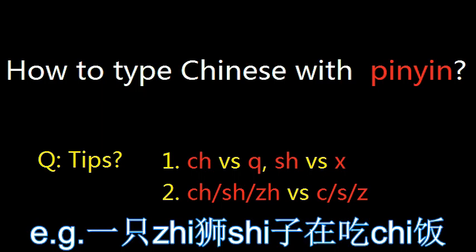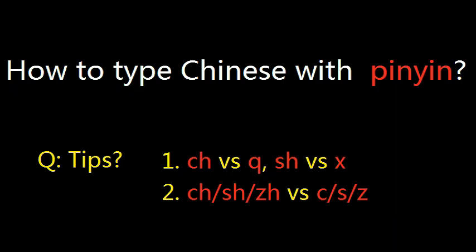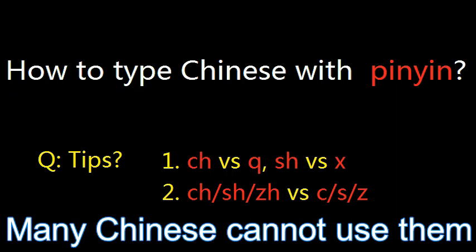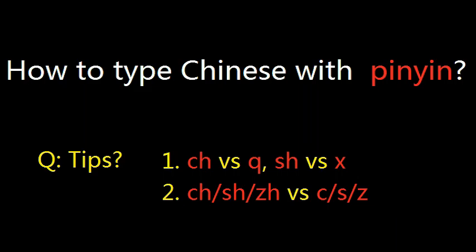The second category of mistakes is retroflex initials. CH, SH, and ZH are very hard to learn in the beginning. They're very special in Chinese. In fact, only people in northern parts of China, especially the Beijing surrounding area, spoke them in the old times. Later, they were introduced into the Pinyin system and became official in Mandarin.